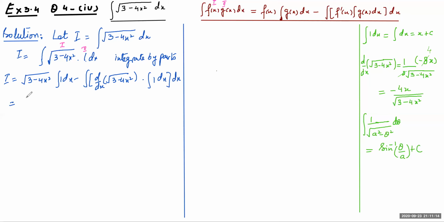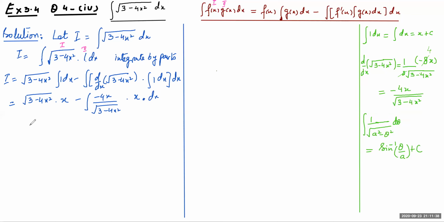So integral I becomes square root of 3 minus 4x square into x minus integral of this derivative, write the result from here, minus 4x divided by square root of 3 minus 4x square into this result, which is x, and then I have this dx.